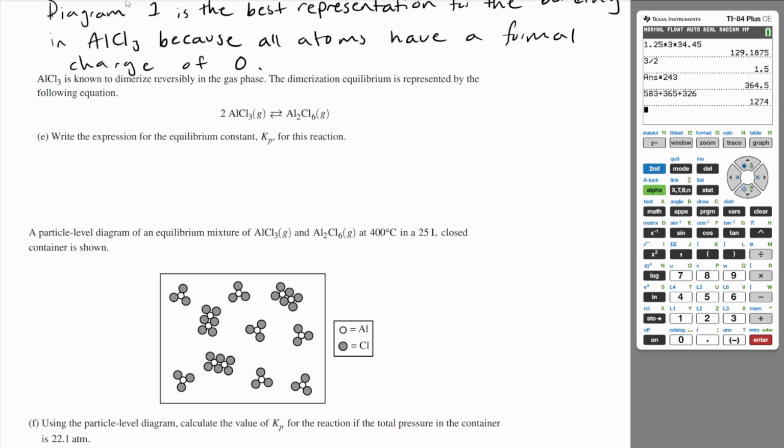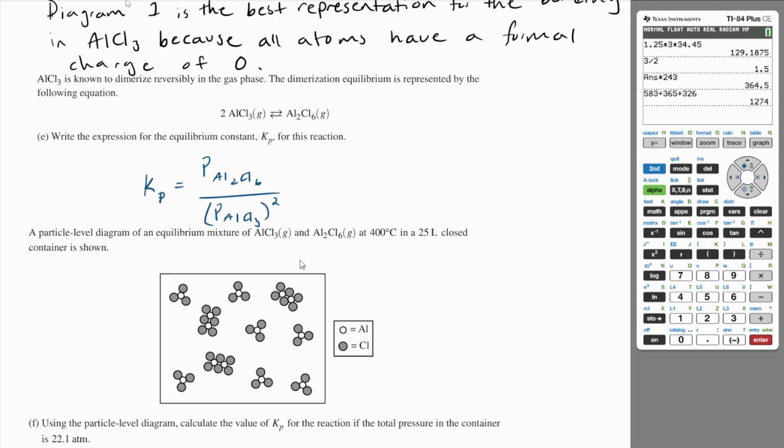Remember, Kp is going to be based on the partial pressures of your molecules instead of Kc, which is the concentrations of the compounds. So Kp is going to be the partial pressure of your product, Al2Cl6, over the partial pressure of your reactants. But the reactant is going to have an exponent of 2 because it has a stoichiometric coefficient of 2. So that is your Kp expression.